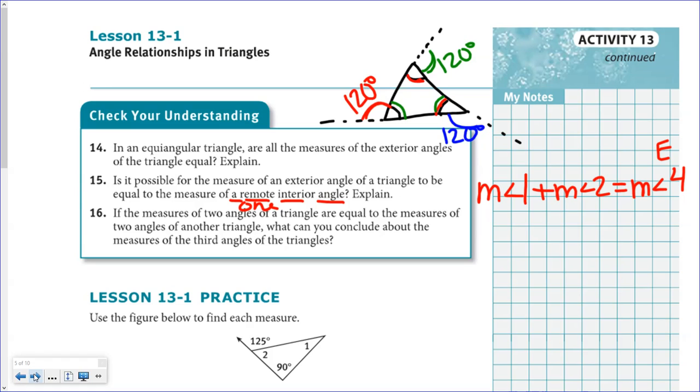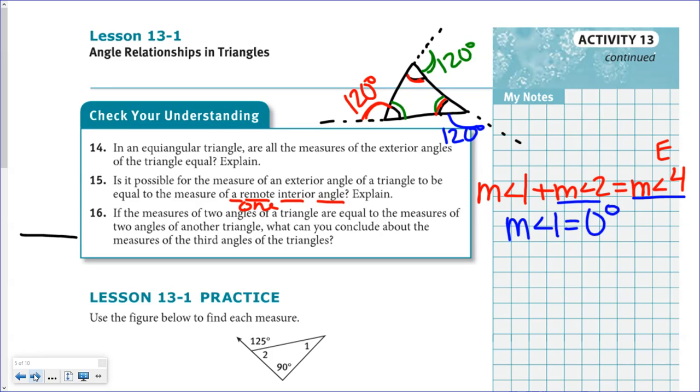If angle 2 and angle 4 are the same thing, that leaves the measure of angle 1 equal to 0 degrees. However, we can't have an angle that is 0 degrees and still have a triangle. 0 degrees would be just a straight line, which is also 180 degrees. So it doesn't work. Is it possible? No, absolutely not.